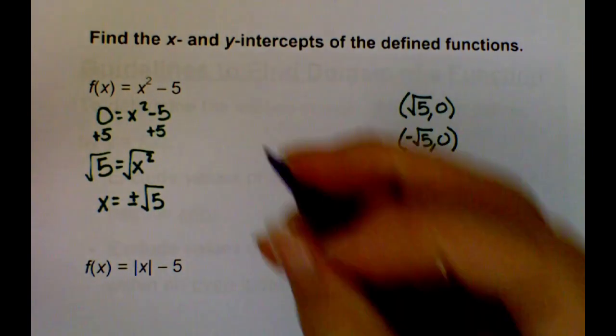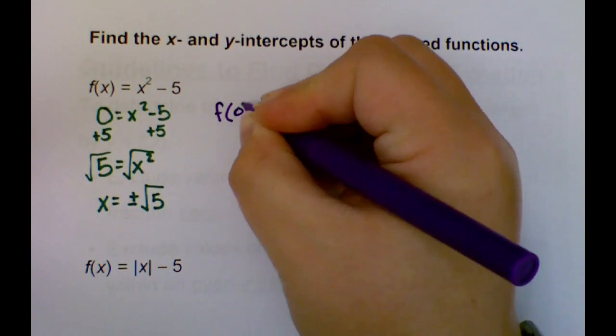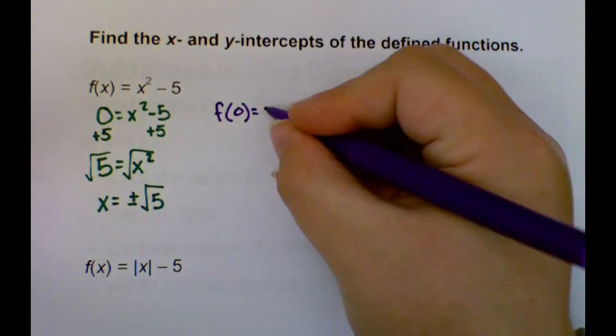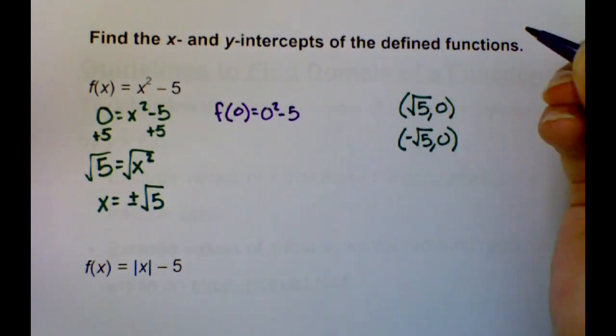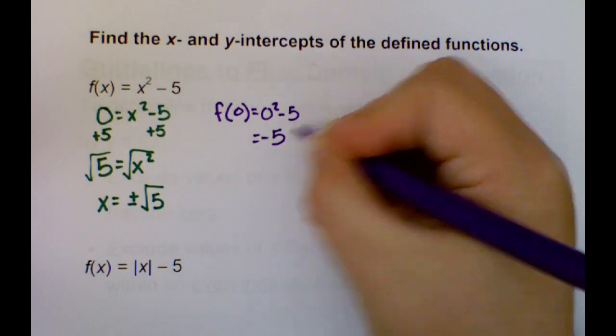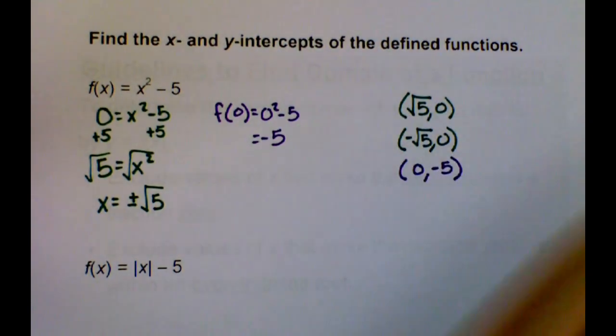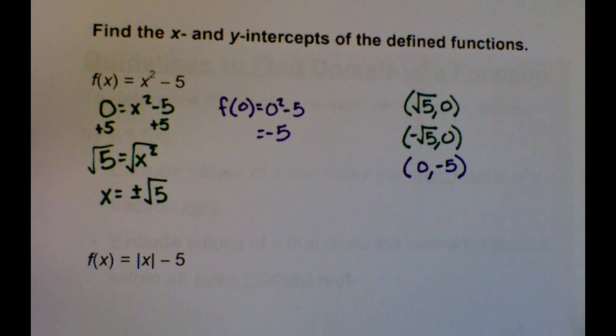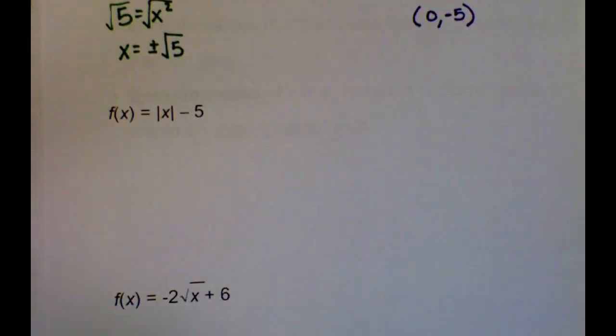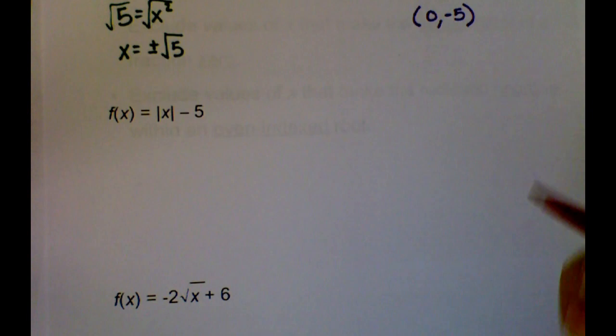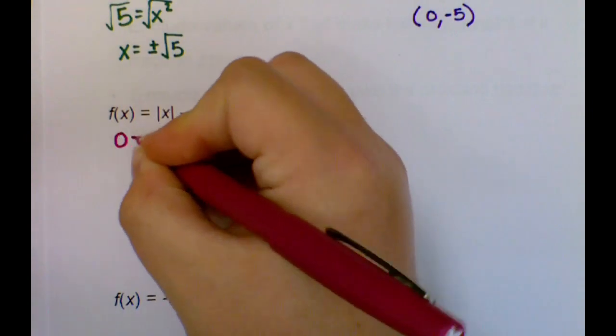Now to get the y-intercept, we're just going to find f of 0, which in this case is 0 squared minus 5, which is negative 5. So that coordinate is 0, comma, negative 5. All right, next up we have f of x equals the absolute value of x minus 5. To find our x-intercepts, we set f of x equal to 0.